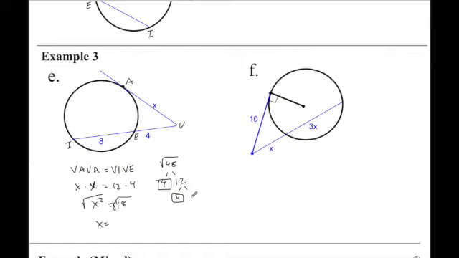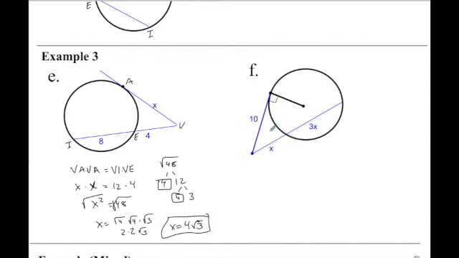And 4 times 3. So now I'm going to just separate this out into the square root of 4 times the square root of 4 times the square root of 3. And these two are perfect squares. So that's 2 times root 3. So that's 4 root 3. So I have X equals 4 root 3 as an exact answer.